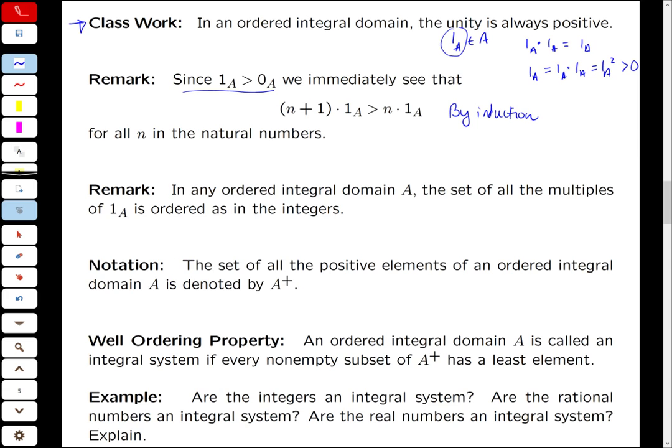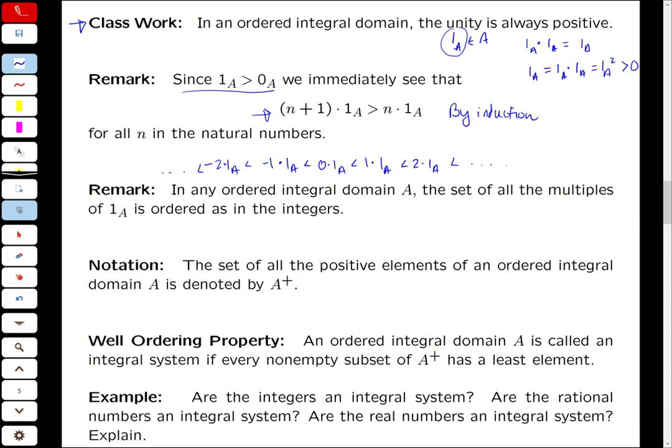In any ordered integral domain A, the set of all the multiples of 1 sub A is ordered as in the integers because you get it from right here. So if you have negative 2 times 1 sub A is less than negative 1 times 1 sub A is less than 0 times 1 sub A is less than 1 times 1 sub A, and it keeps on going.